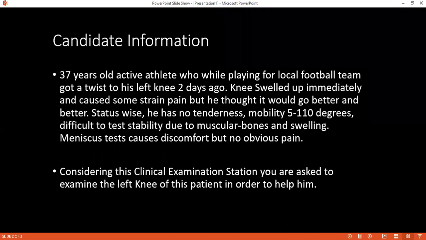And after that, I will measure the quadriceps muscle 10 centimeters above the patella. Then I will do the patellar tap test by simply pushing with one hand and tapping with another hand. If it is negative, then I will go for the bulge test.